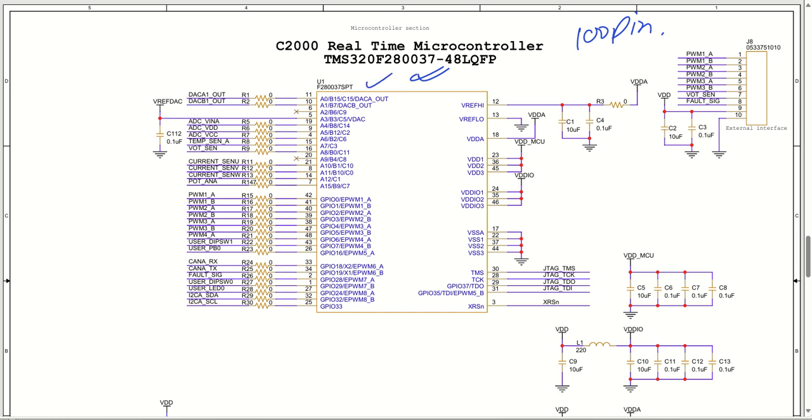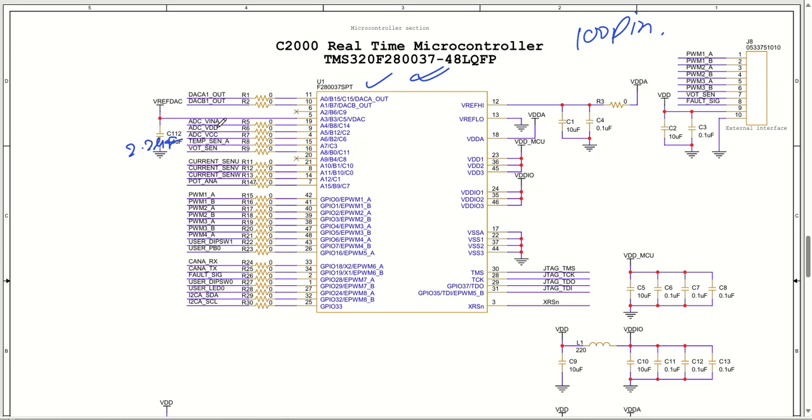F280037 SPT is another version, an automotive microcontroller, so you can use that too. This microcontroller also gives you 2 DAC outputs for various other purposes, so you can use those as well, and for this V reference DAC you can utilize 2.2 microfarad.